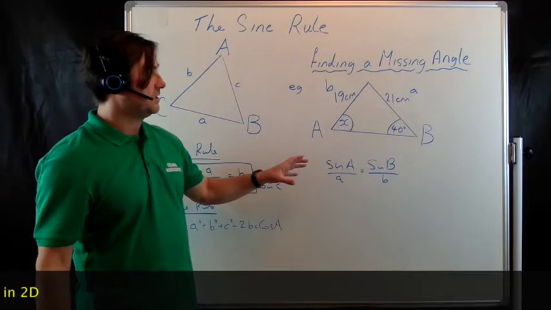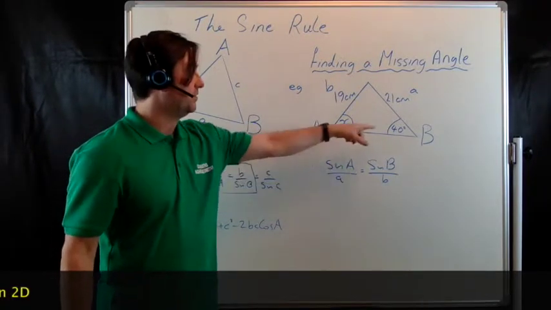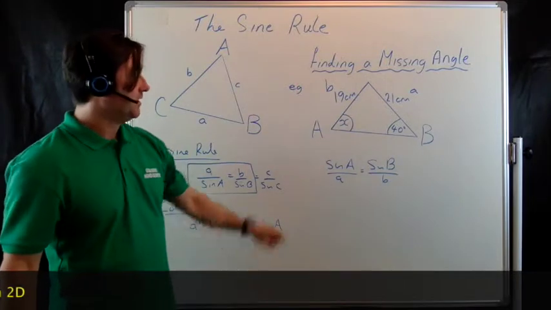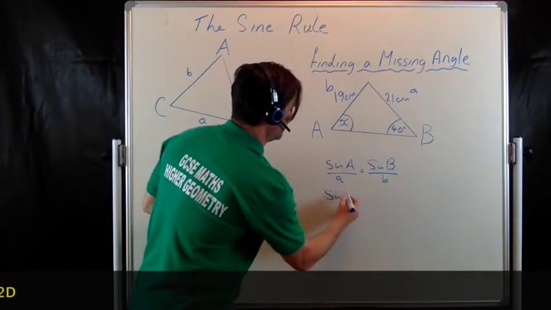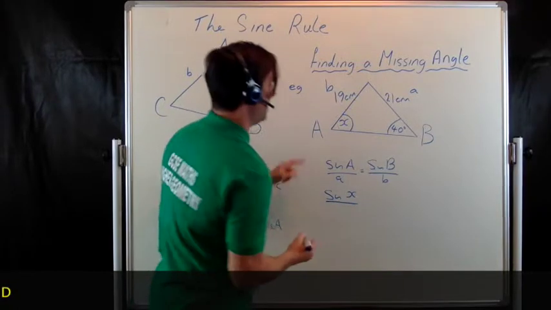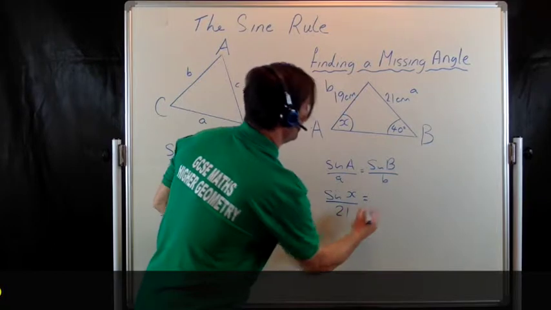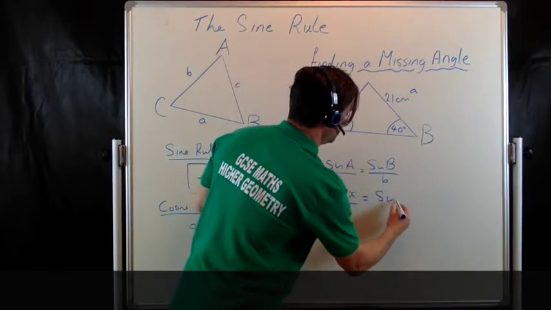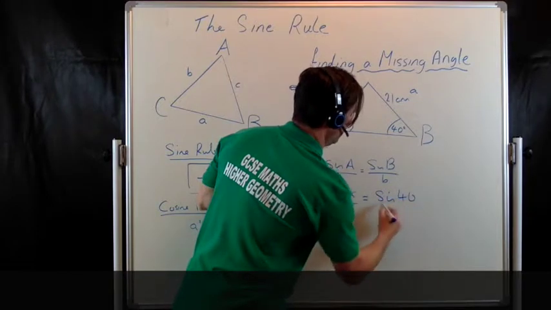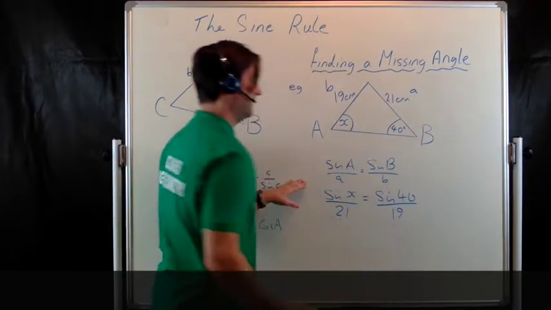Now it's just a case of replacing the letters with the numbers that we know. So sin A, we don't know that, so we write sin x, but we do know that little a is 21. We do know B because B is 40, so we've got sin 40, and we know little b is 19.